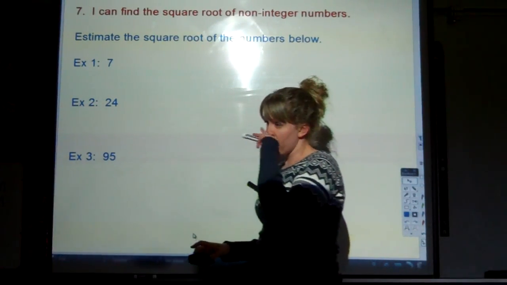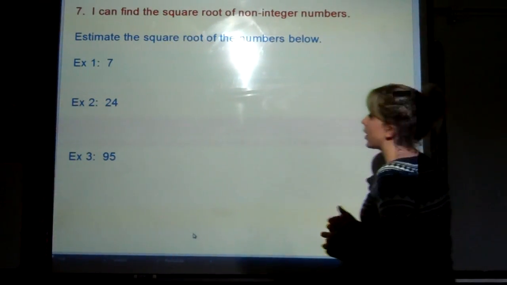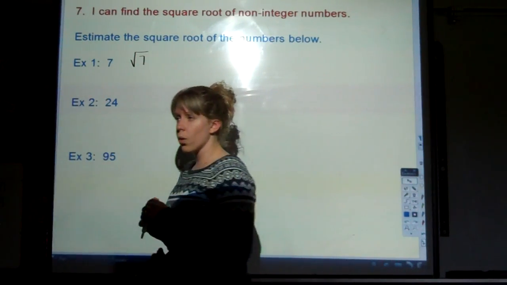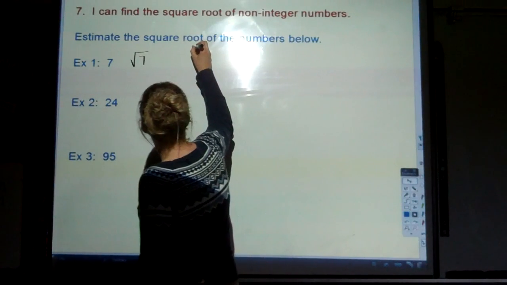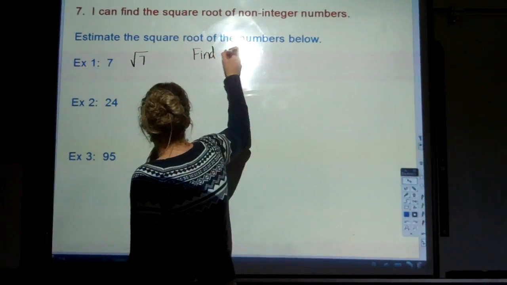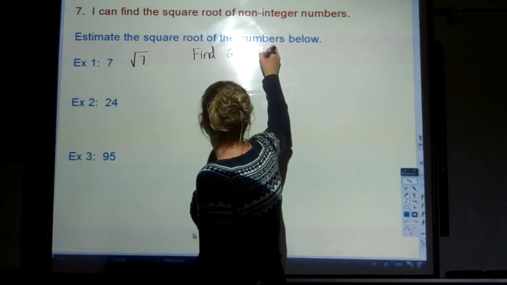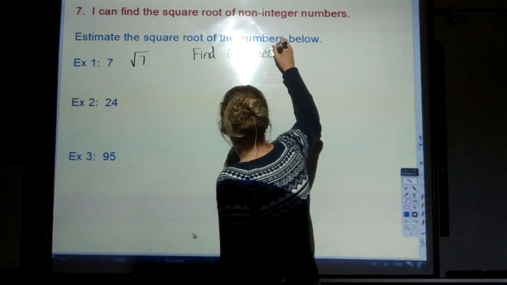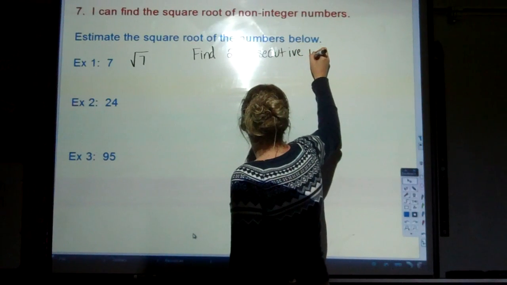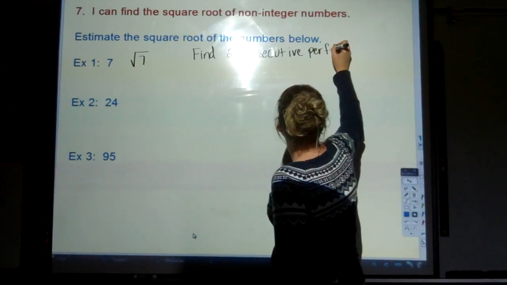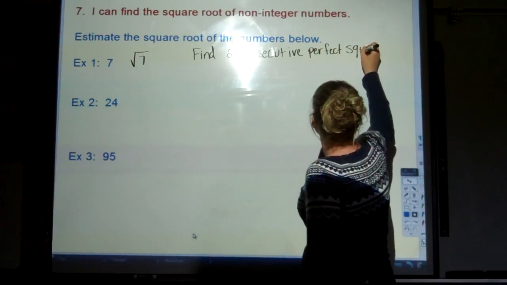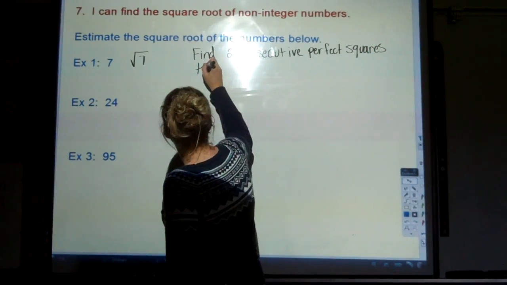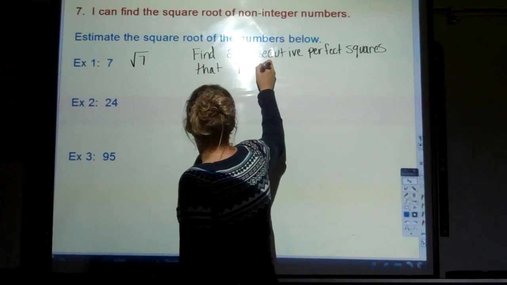When we estimate the square root of something, like for example, if we wanted to estimate the square root of 7, the first thing that we're going to do is find 2 consecutive perfect squares that 7 is between.